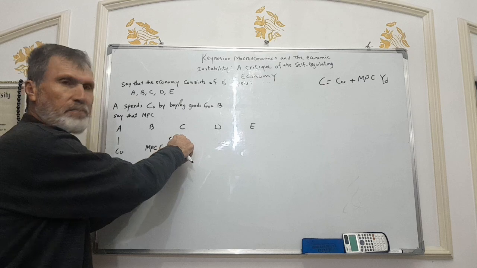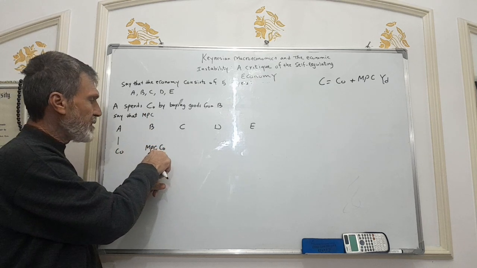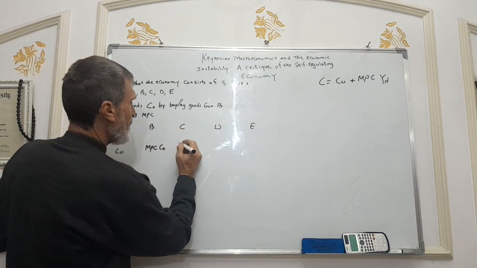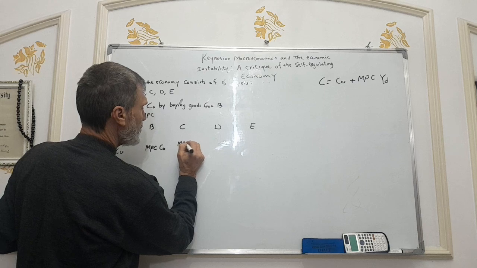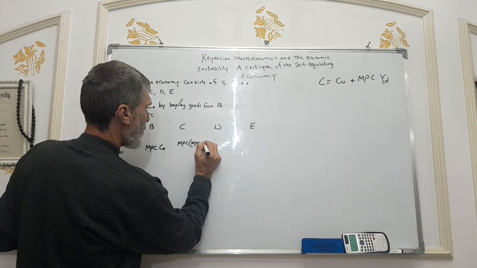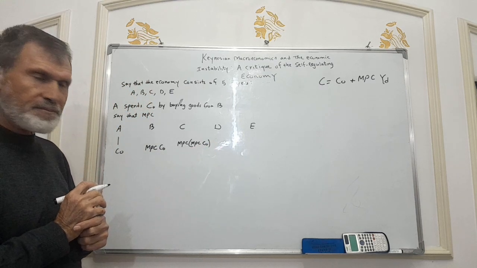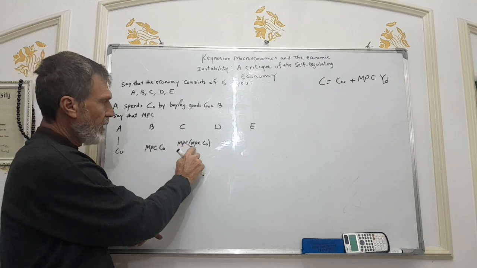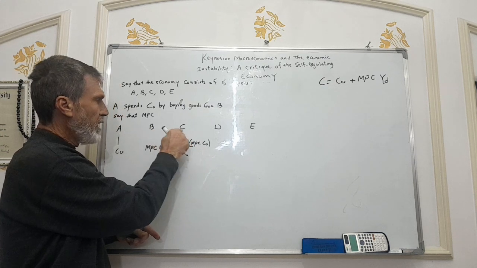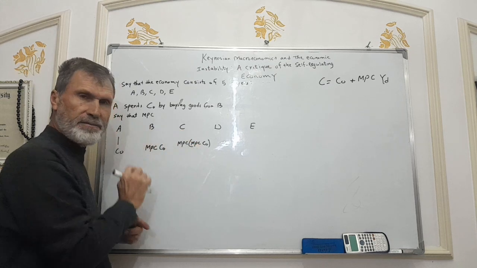Now, how much will C spend? He will spend, of course, a portion of MPC times C0, and that portion depends on the MPC. So C will spend MPC of this income, because this is the income that he receives from B. He will spend a portion of it, which is MPC times this.